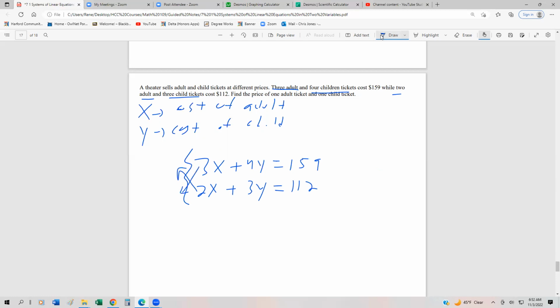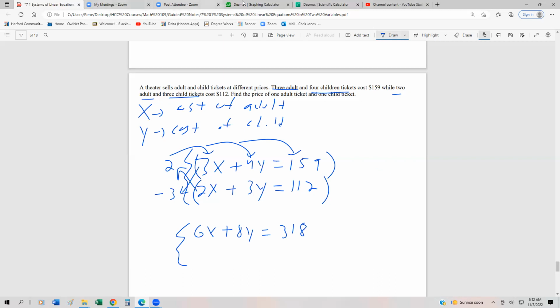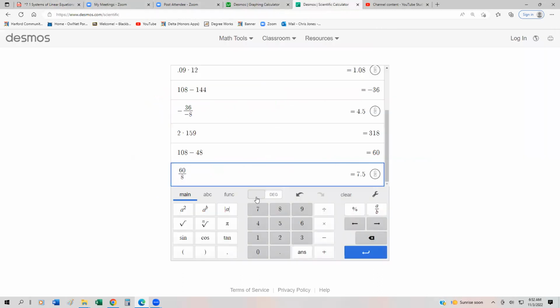Just like we've done plenty of times, we're going to cross multiply. I'm going to multiply the first equation by 2, the second equation by -3, or -2 and +3, it doesn't matter. Distribute 2 to everything. So that's going to give me 6x plus 8y, 2 times 159, that's going to give me 318. And I'm just going to verify that by using a scientific calculator.